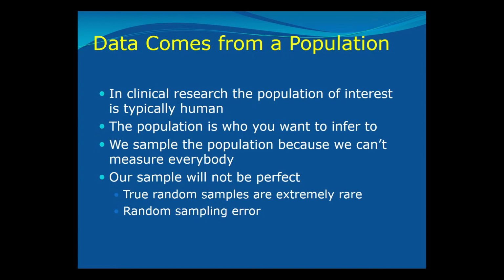Our sample will not be perfect. So true random samples are extremely rare and we need to estimate random sampling error, because we draw part of the population and take only some elements for studying.